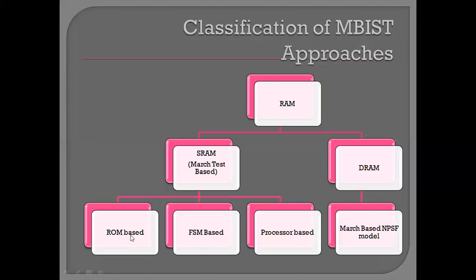That will occupy lesser ROM, plus it is in a predefined sequence. So that works well. It gives me better flexibility than FSM based, because if I need to change my March elements, I simply need to add a new opcode or microcode for that.